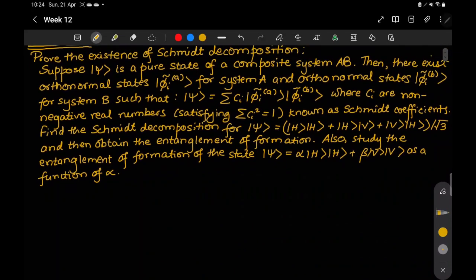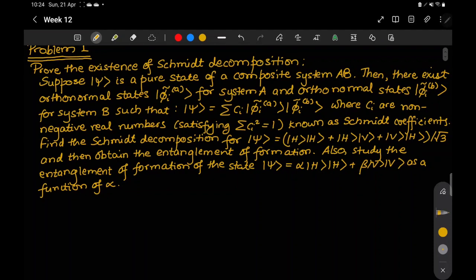Find the Schmidt decomposition of this particular state that is given over here. Psi equals HH plus HV plus VH, the whole divided by root 3, which is the normalization constant, and then obtain the entanglement of formation. So we have seen previously how to find the entanglement of formation in the lectures.